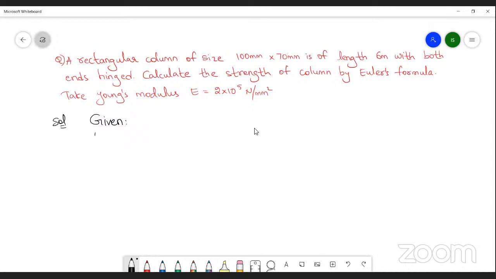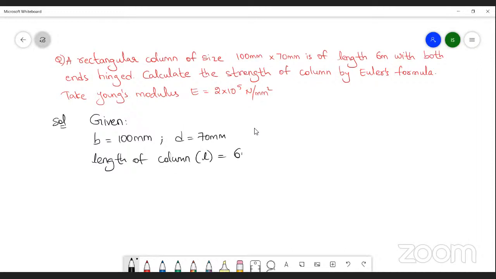So the first thing is B. It is a rectangular column, so B and D both are going to be different. So B is 100 mm, D is 70 mm. Then the length of the column is given. So length of column L is given as how much?